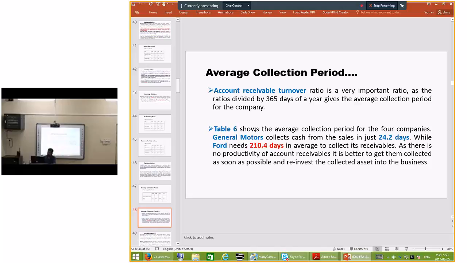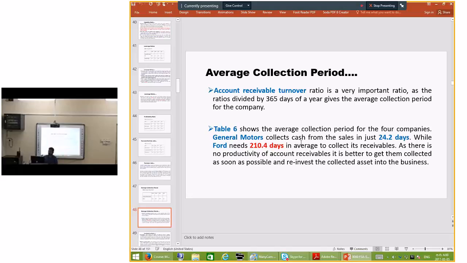As per the previous table, it shows that the average collection period for the four companies, General Motors collects cash from the sales in just 24 days, while Ford needs 210.4 days on average to collect its receivables. As there is no productivity of account receivables, it is better to get them collected as soon as possible and reinvest the collected assets into the business.